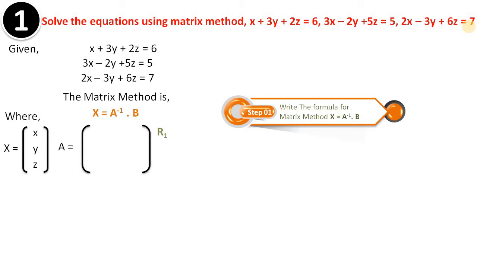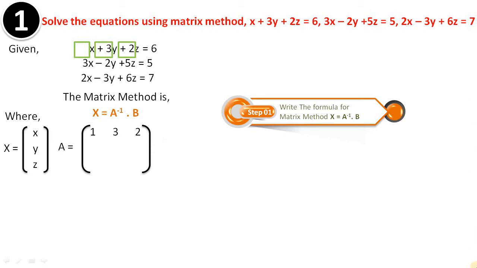A is the matrix of coefficients, where in row 1 we are going to write down the coefficients of x, y, z from equation 1. Here the coefficient of x is not given, that means it is considered as 1. So the coefficients are x 1, y 3 and z 2.